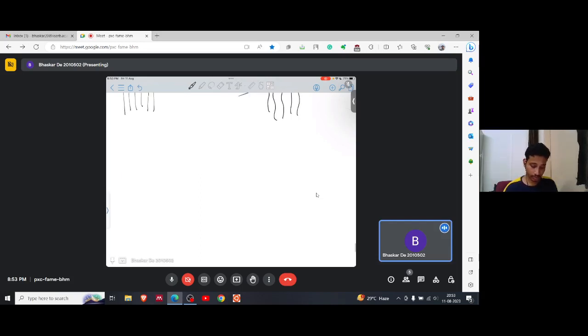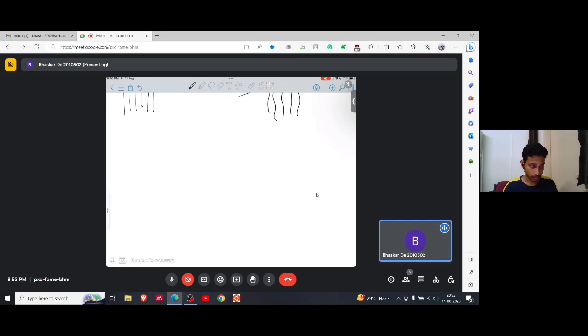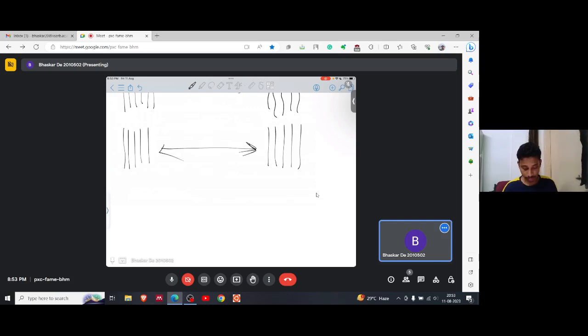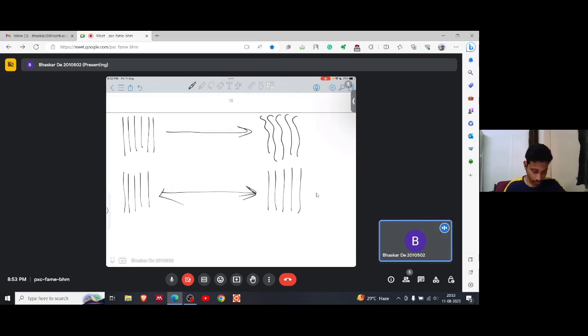In case of any lamp or something, we can see this kind of incoherence, but if you check this wavefront for a laser, you will see that after a certain distance it is still like this, and this distance is very large. So these two points of the wavefront are different here, but for a laser it is still the same.